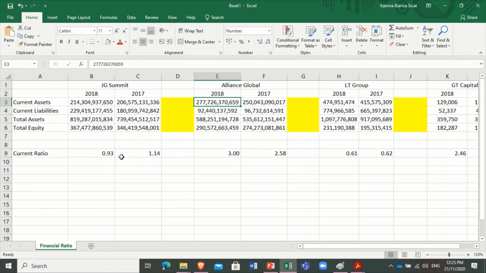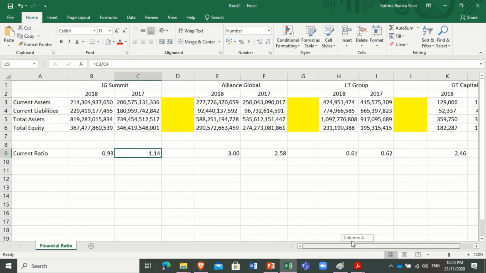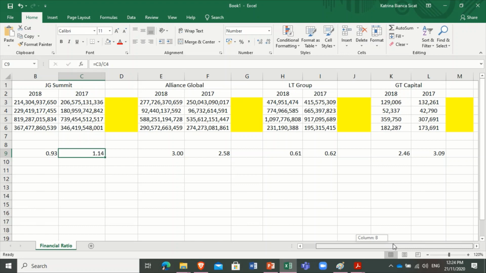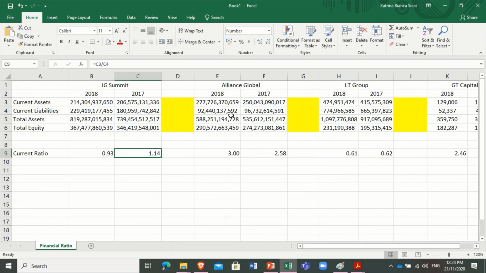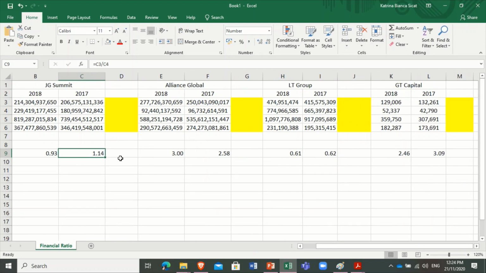So what's important is the ratio, okay? The ratio that it projects. So as you can see, kung titignan natin, the most liquid firm, without looking into the amount of money invested in their assets and liabilities, it's a close fight, no? It's a close fight for GT Capital and Alliance Global.